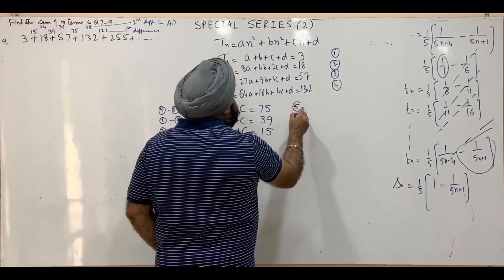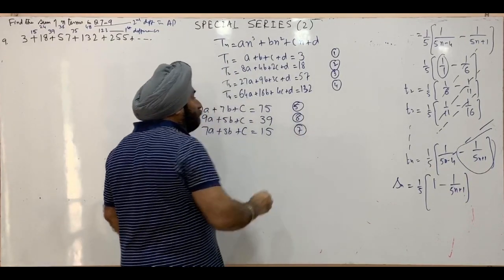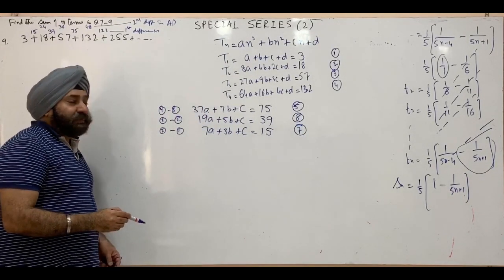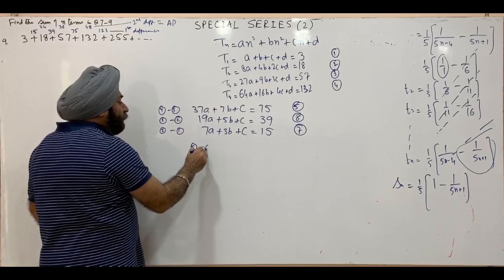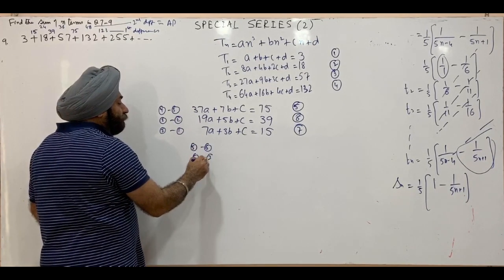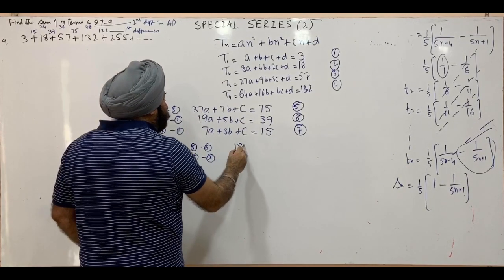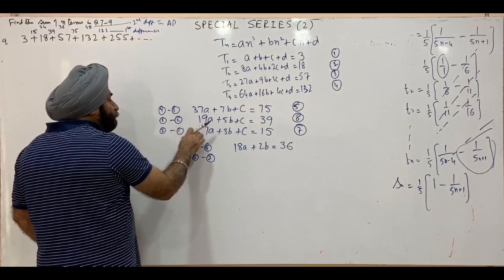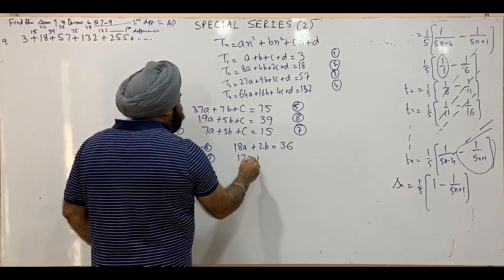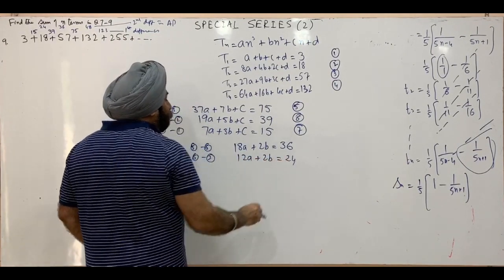This is equation number 5, this is 6 and this is 7. To solve for a, b and c, we find out 5 minus 6 and 6 minus 7. This is 18a plus 2b equal to 36, and that's 12a plus 2b equal to 24.